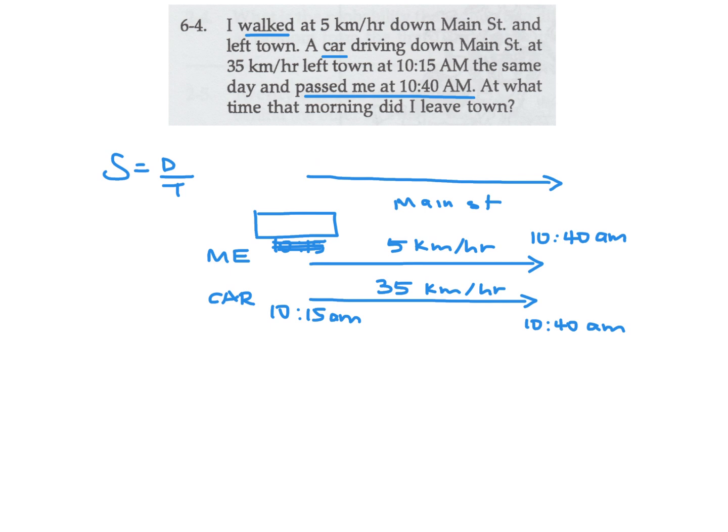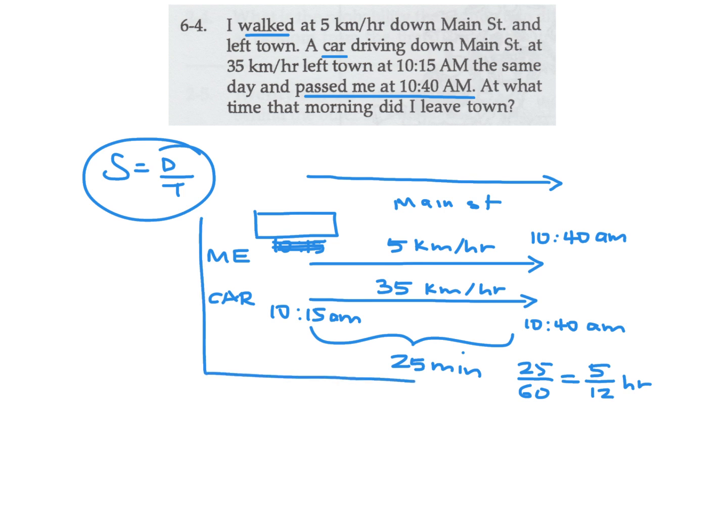So first thing is the time the car elapses. That looks like 25 minutes to me. So we can easily figure out at least something. 25 minutes, I'm going to convert that to hours because everything's in kilometers per hour. So that's 5 over 12 hours. Okay, so now let's use our speed equals distance over time formula, and that's going to help us out.